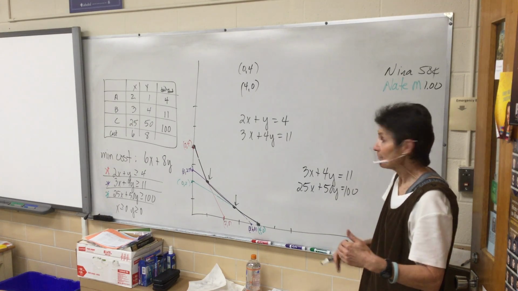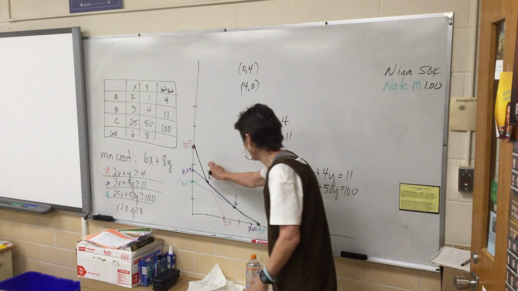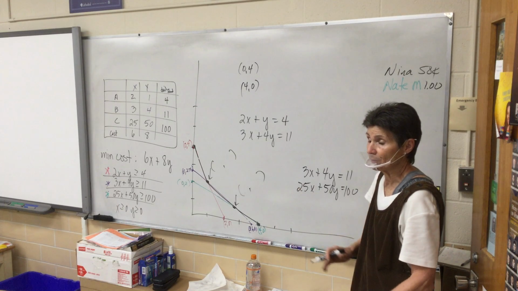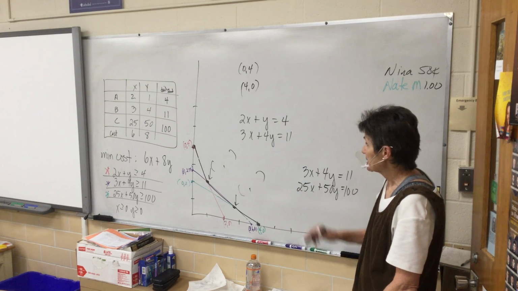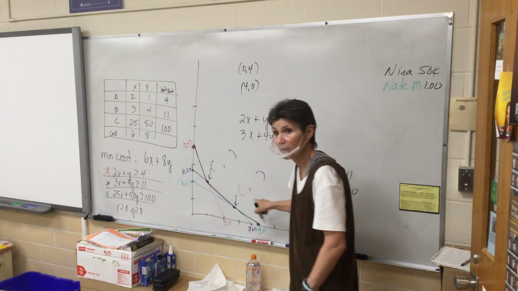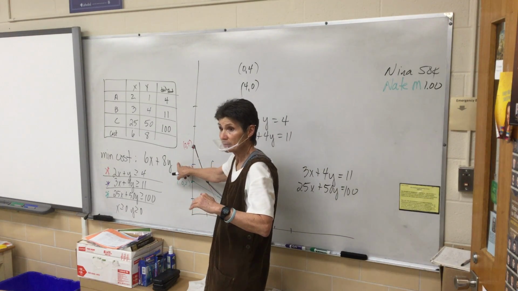Now, when I get those 2 points figured out by doing substitution or elimination, they're going to be ordered pairs. Then what am I going to do? Take all 4 of those points, the 2 I already know and the 2 I have yet to find, come over here and plug them in here.